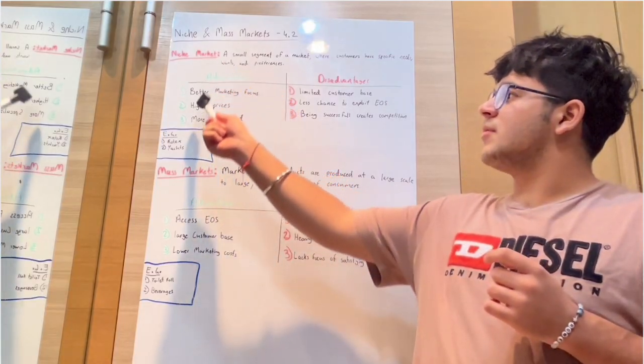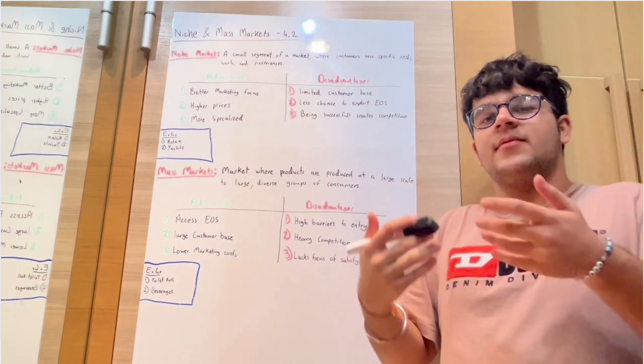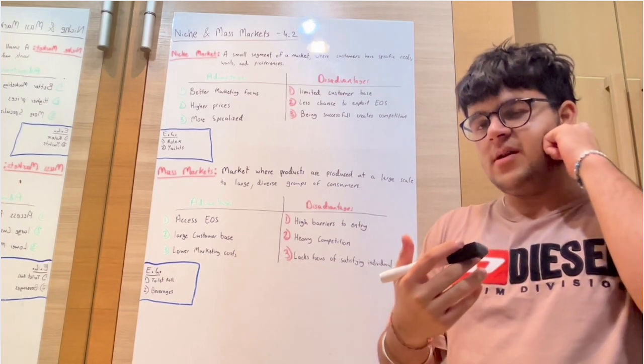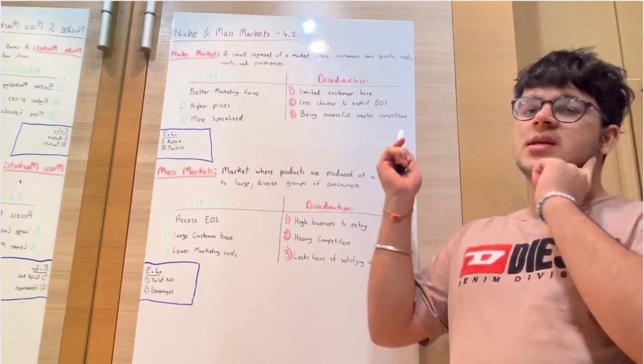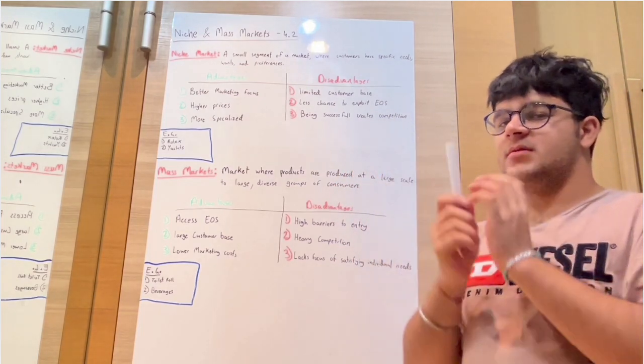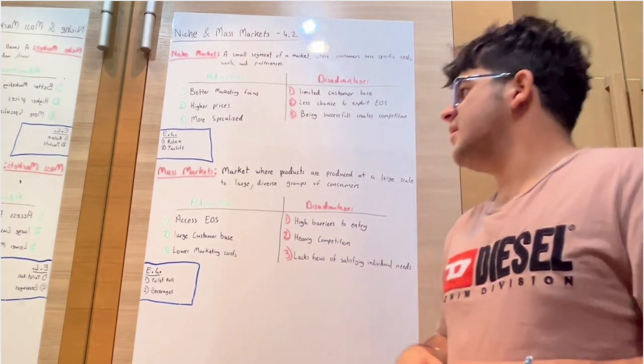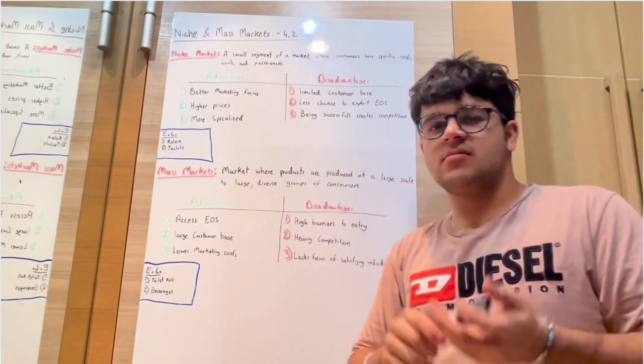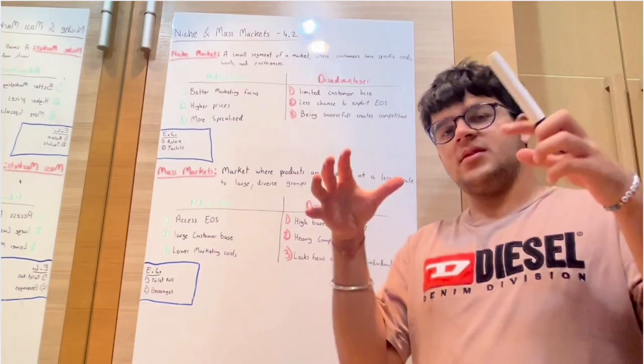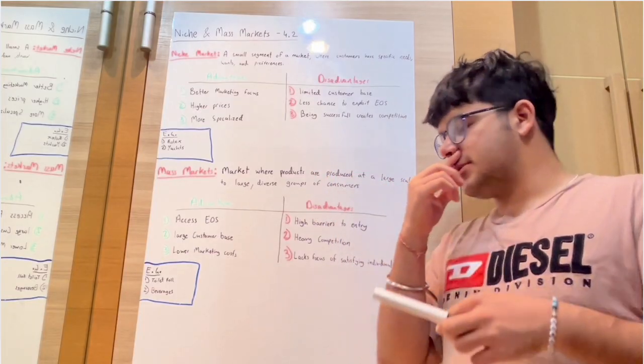And then it basically removes these advantages you've gained from these niche markets as well. So if you are too successful, it may be bad for you. It kind of sucks. So obviously, examples: Rolex, yachts, all these niche specialized segments of markets.